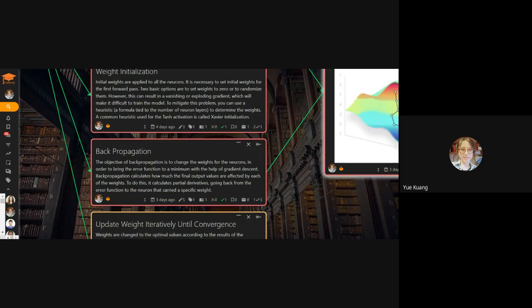Backpropagation and gradient descent for neural networks are a point that's worth digging into and learning more about if you are interested.